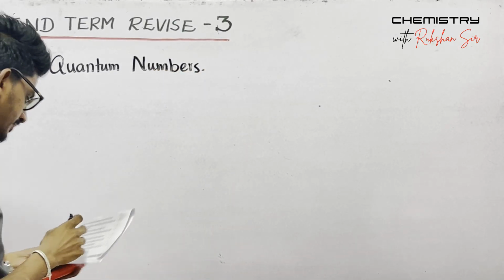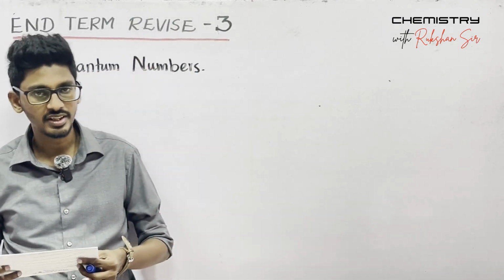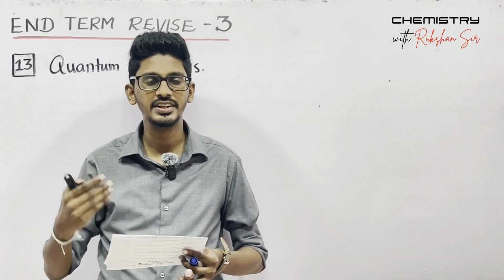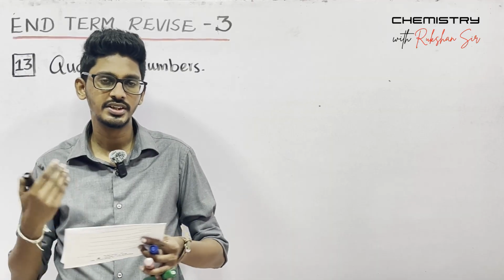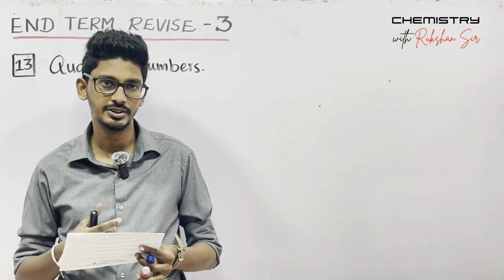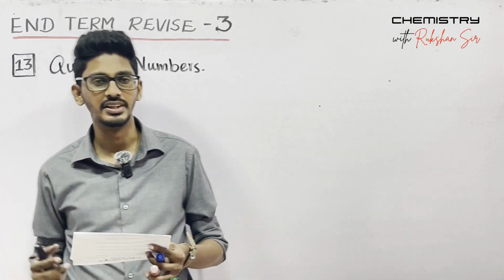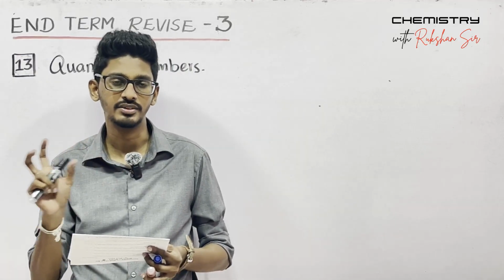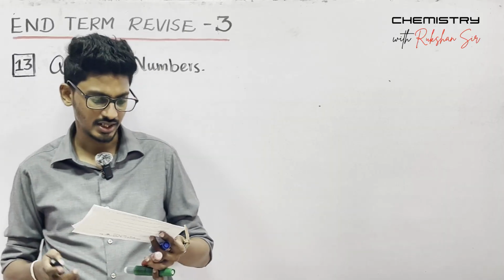You know, quantum numbers are used to identify electrons by identifying their energy, sub-energy levels, the orientation in space, as well as the spin of the electrons.